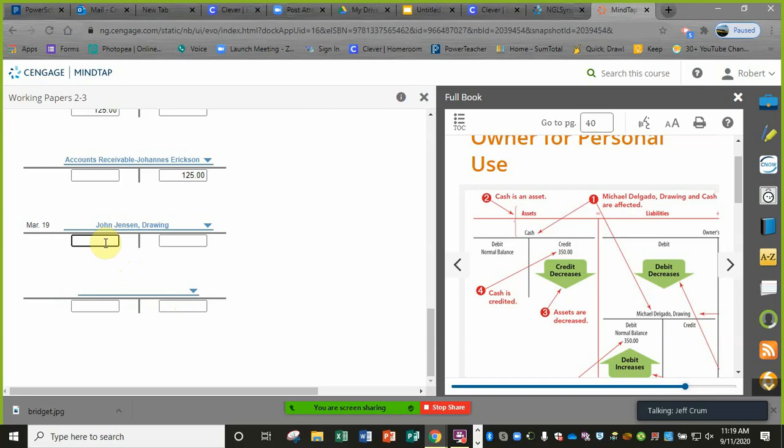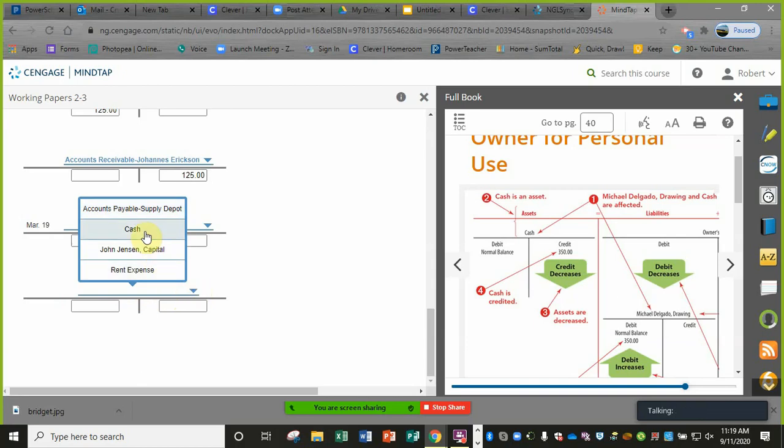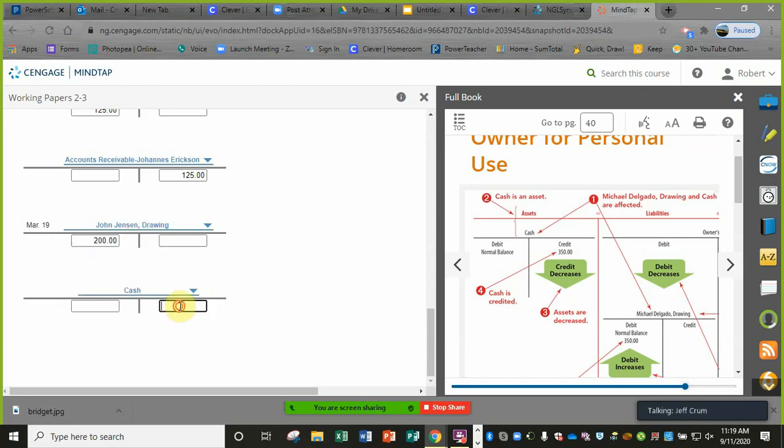So the drawing account goes up because you're going to have an increase in the drawing account for the owner to use. Then our cash decreases, so that goes on the right side. $200 there.